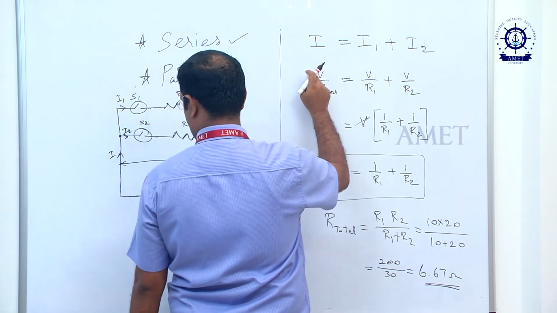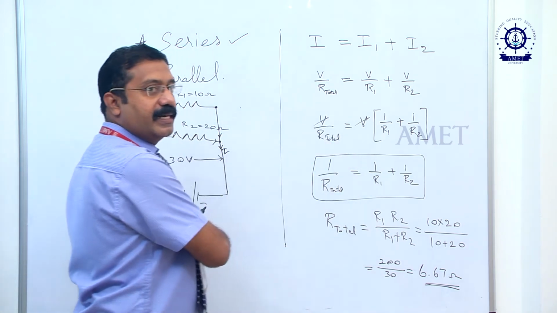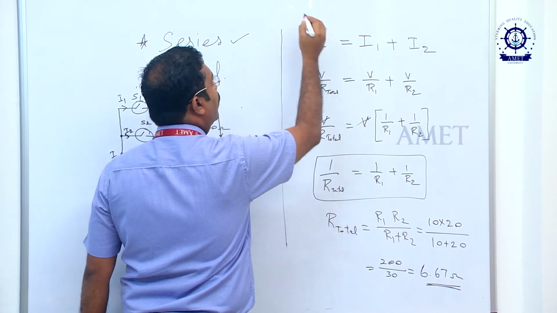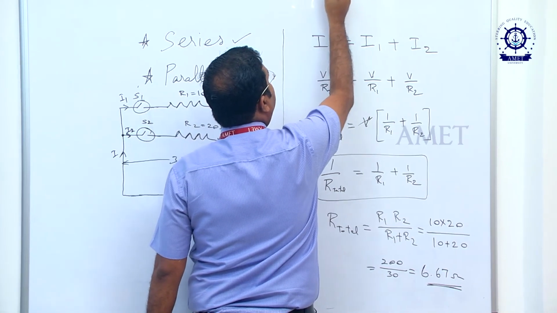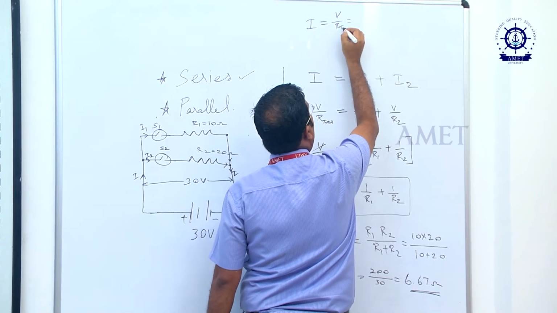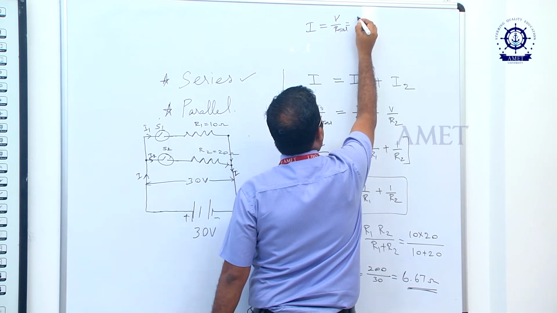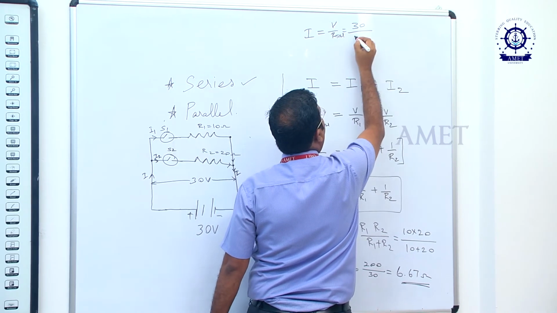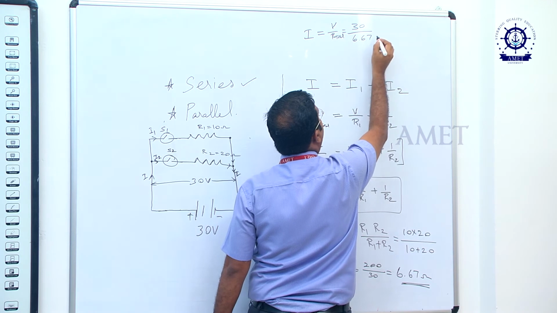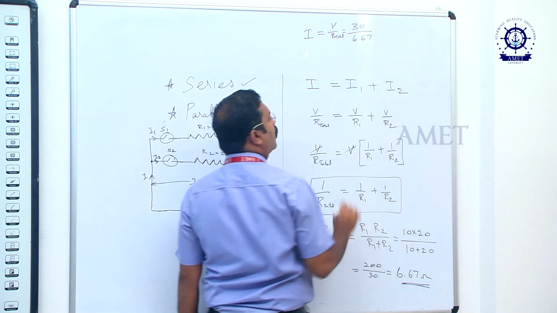Your voltage is 30 volt. For finding I, you can use the formula I is equal to V by R, where V is 30 volt and R is 6.67 ohms. You will get the total current.